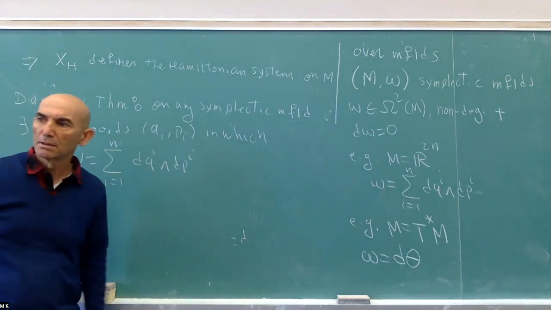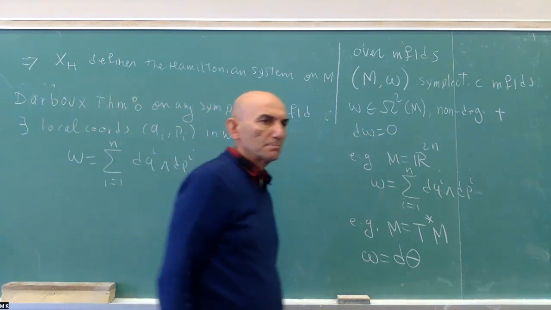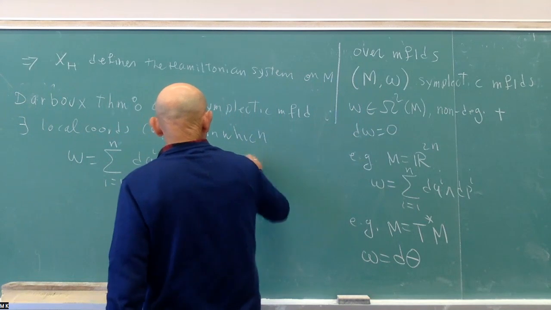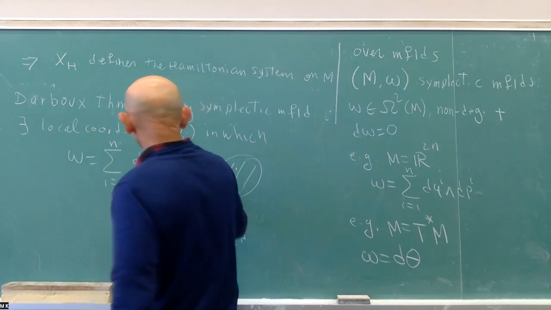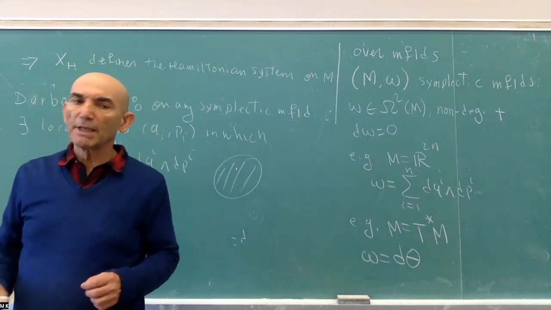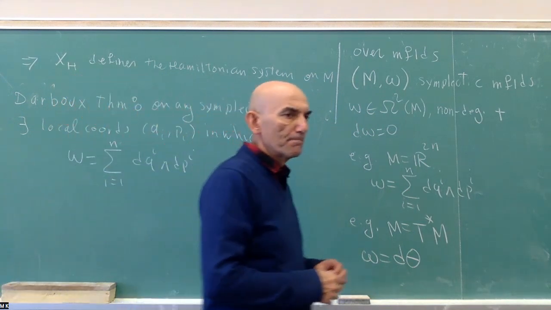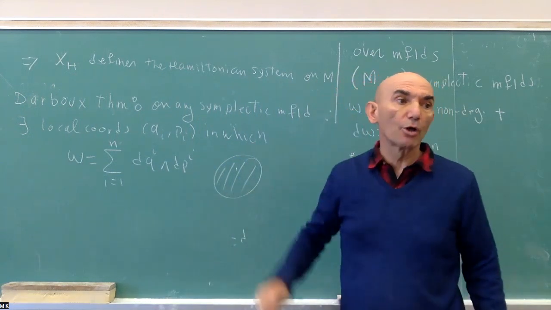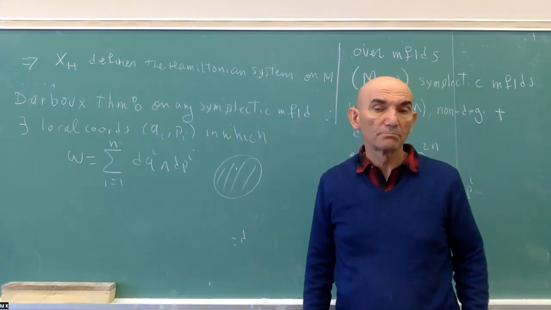Isn't that amazing? You can always write your symplectic two form as the canonical symplectic form on R^2n locally.